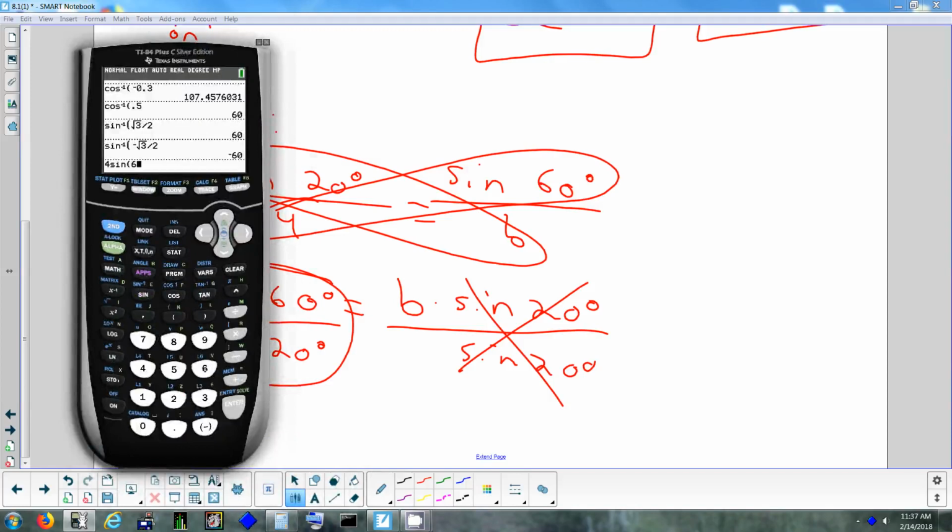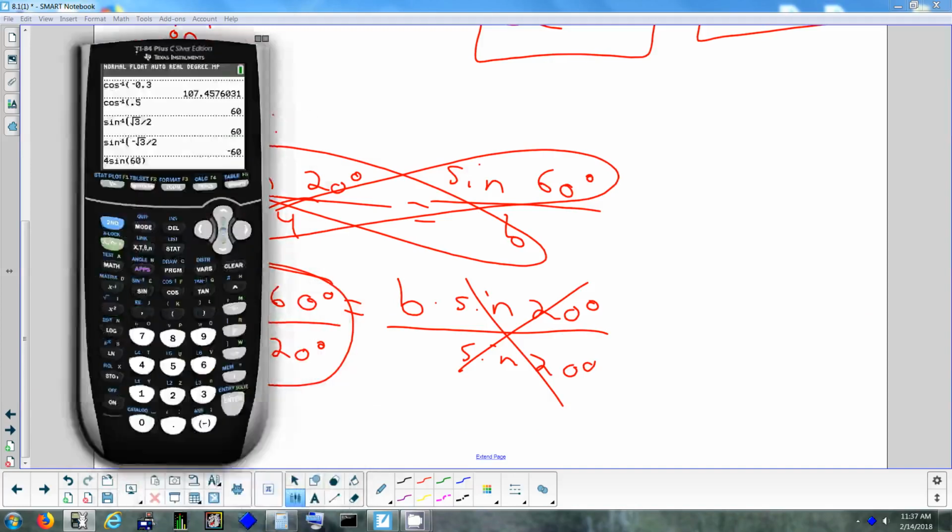So 4 sine 60. And now before I type anything else in, what's important that I do right now on my calculator? So I'm in degrees. If I don't do this, the calculator is going to give me an answer, but it'll be wrong. I have to close that parenthesis, telling the calculator I'm done with sine 60.